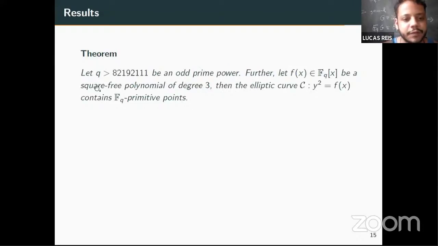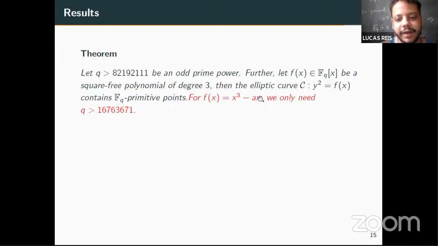So the first one: if q is odd and at least this large constant, then any elliptic curve has an Fq-primitive point. And also for this special family of f, we only need q being slightly smaller than the first constant. And so actually at the end, we just focus on this special case of f being of this form, x cubed minus ax.